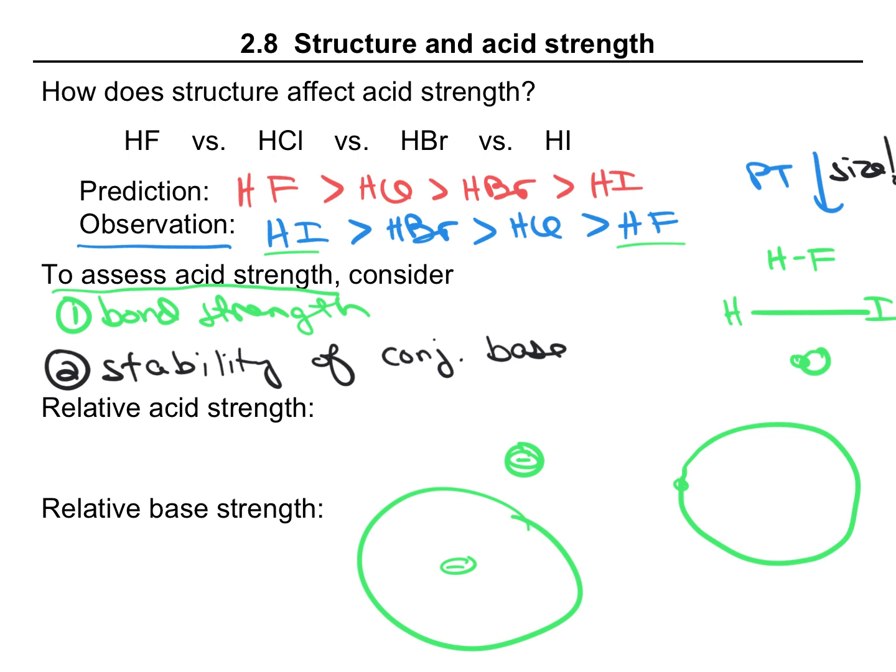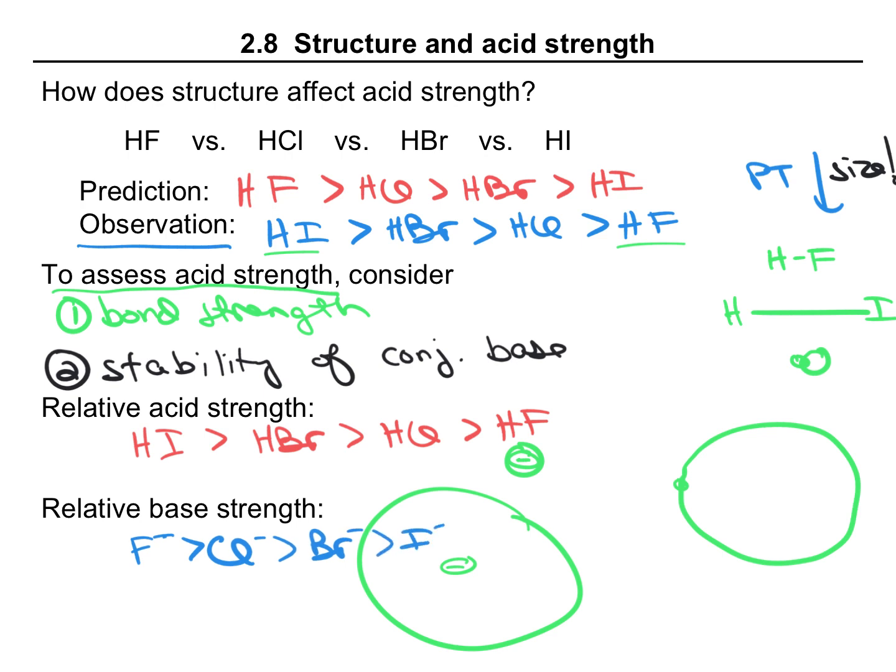So both in terms of bond strength and in terms of the stability of the conjugate base, our relative acid strength, HI is the strongest, followed by HBr, followed by HCl, followed by HF. And then thinking about it in terms of relative base strength, F minus is going to be the strongest base, followed by chloride, followed by bromide, followed by iodide.